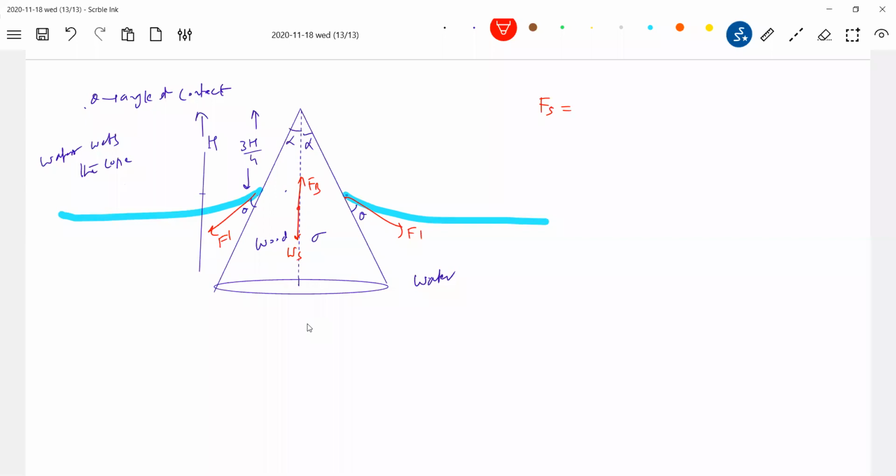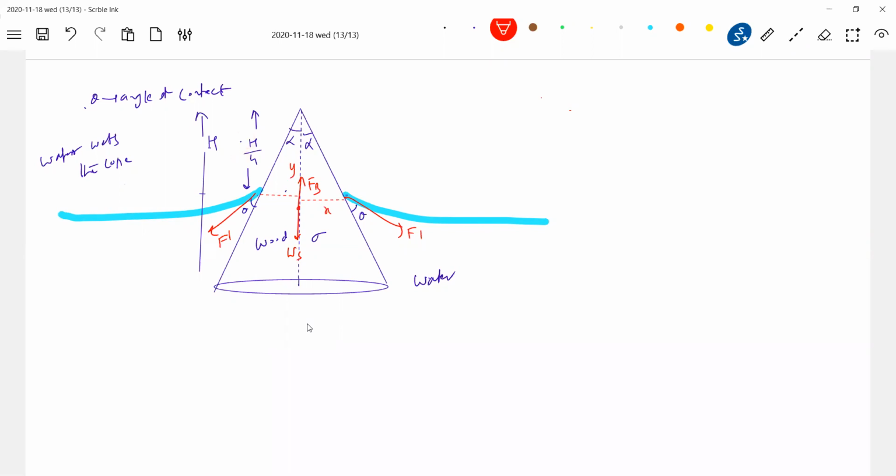Anybody, how to calculate? For that we need to know the distance at this particular point, especially. We should know this x, no? X and this is y.